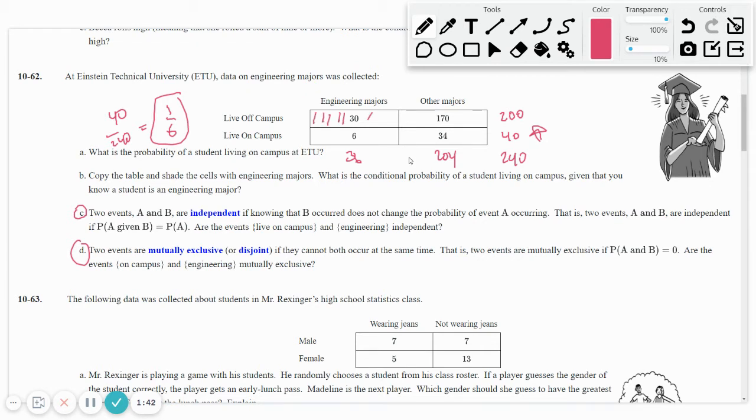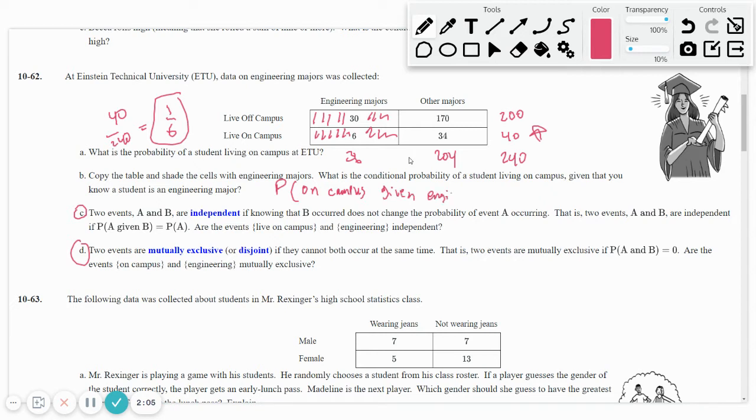So we have these guys and this one right here. So what is the conditional probability of a student living on campus given that you know a student is an engineering major? So this is asking probability of on campus given engineering.